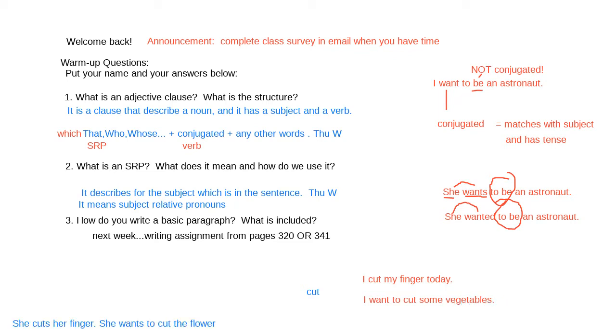Oh, because I need another verb, because right now I have another verb. Cut is not the main verb. Right, right. So when we talk about main verb, we're talking about a conjugated verb. So now it's not conjugated, but want is conjugated. That's right. Yep. So no, I don't understand either.